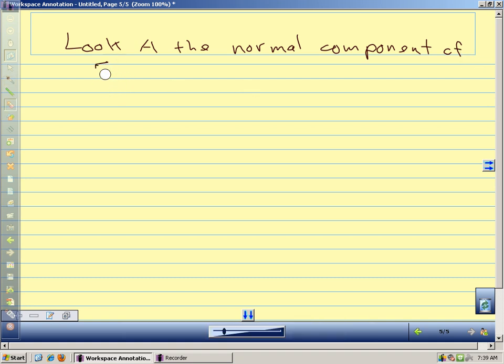So the line integral tells us something about the tangential component. Now we're going to work with the normal component. So let's let our path be given by this vector function.